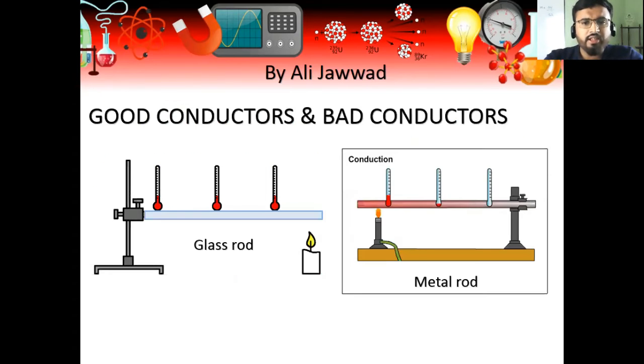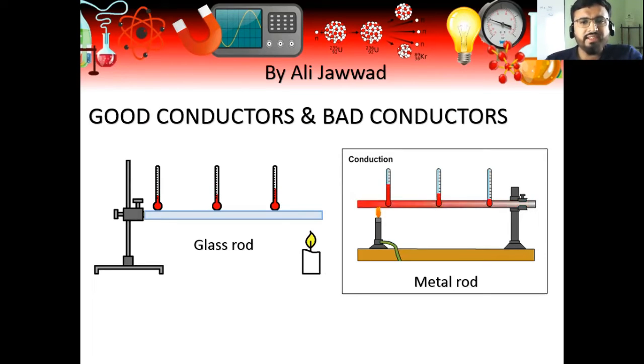For example, if we start to heat a glass rod and a metallic rod from a candle or a burner, and place 3 to 4 thermometers along its length, we can easily observe in this animation that the temperature of the metal rod is rising faster and the temperature of the glass rod is not changing as fast as that of the metal rod.